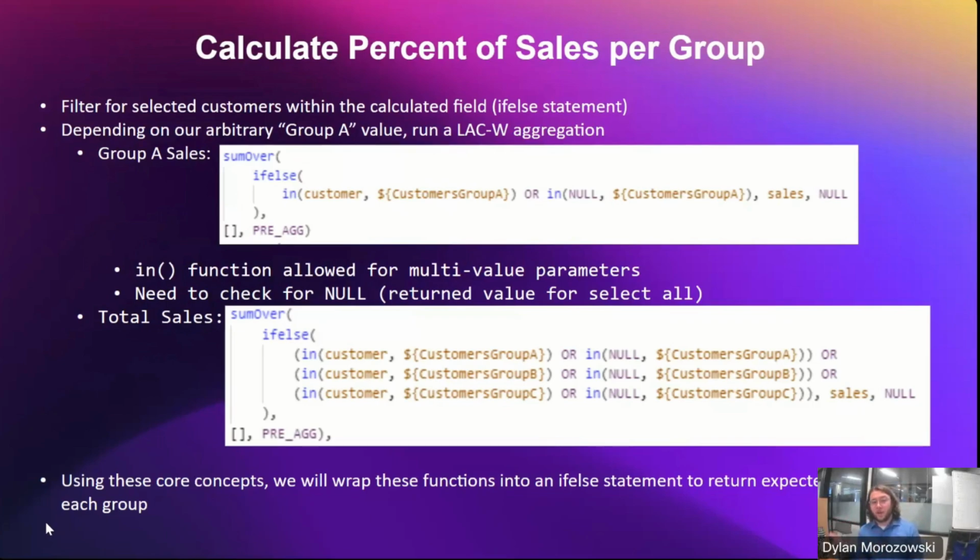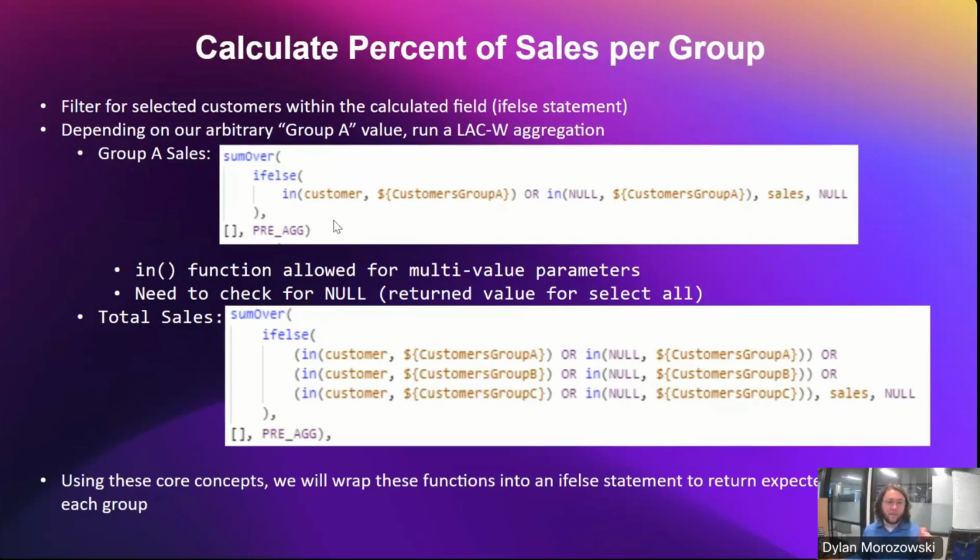So if we have values populated, other than select all, we can check for specific customer names in that group. If we don't have specific values populated, and we have select all chosen, that is going to be checking for null. So here, I'm looking for specific customers in the group, or seeing if null is returned, and then we're going to return sales. So it's either going to return sales for selected customers or for all customers if that's been managed.